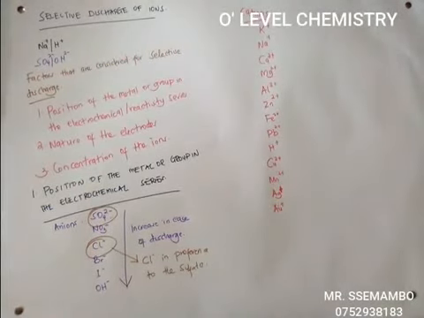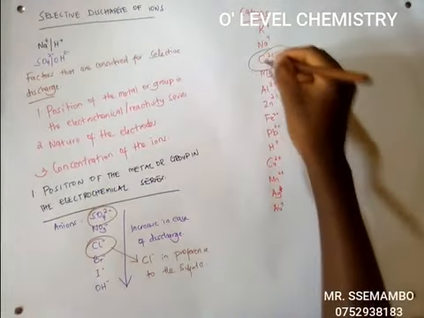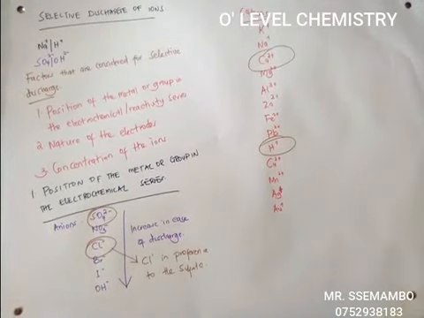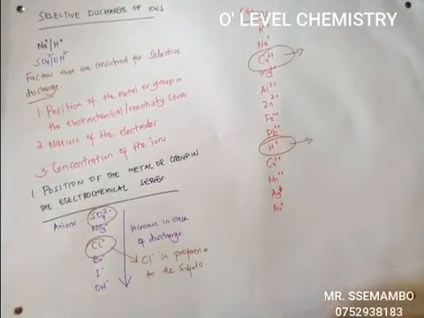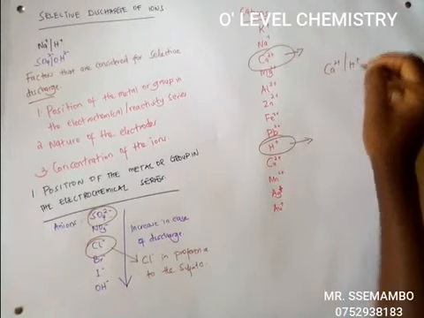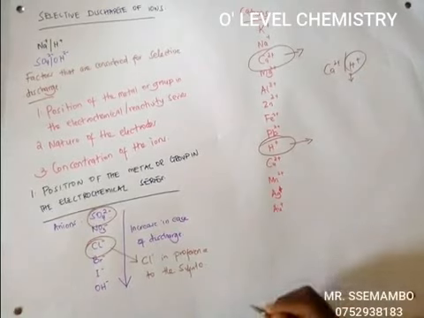Assuming we have a solution that has two cations, for example calcium ions and hydrogen ions at the same time, we are going to discharge hydrogen ions in preference to calcium ions. Why?